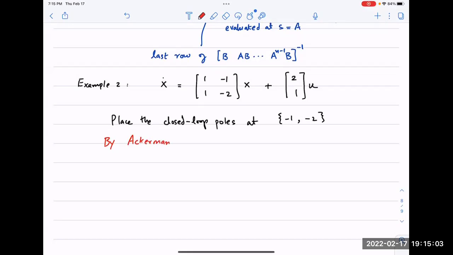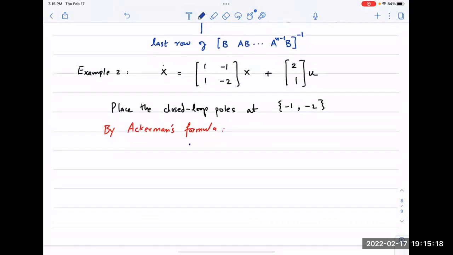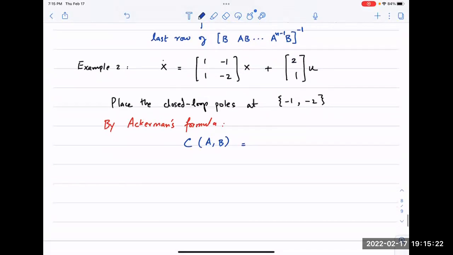So, the Ackermann's formula, the first thing is the controllability matrix, right? So the controllability matrix is going to be B, AB, which in this case is [2, 1; 1, 0].